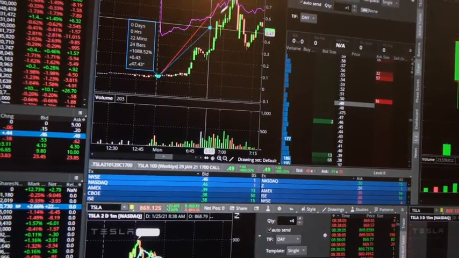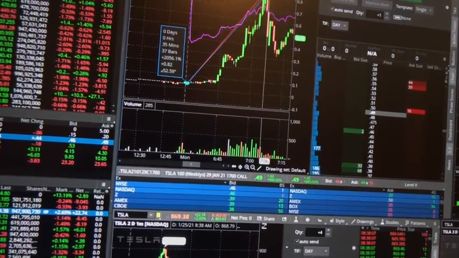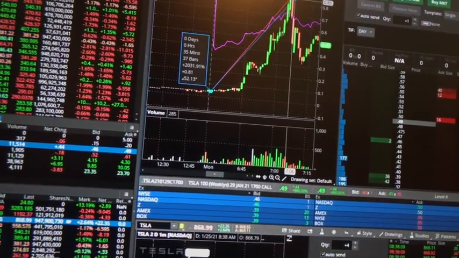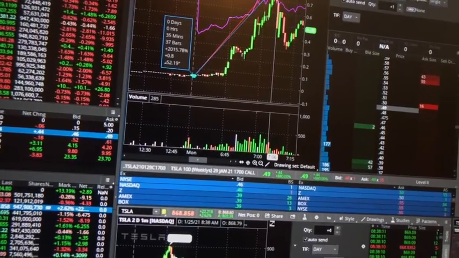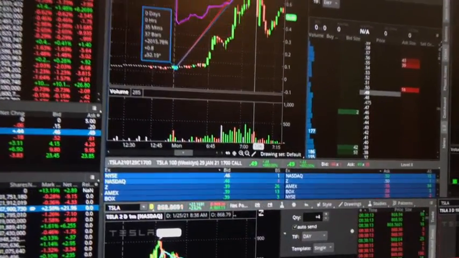The percentage move is what really matters. You would have gotten a 2,000% return. 2,000% in a couple minutes if you would have done it right. Of course, you have to know what's happening, the move. You have to wait for it. I did not jump on it, but I did see it unfold before my eyes.